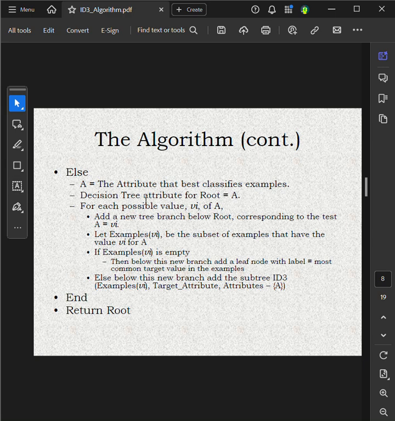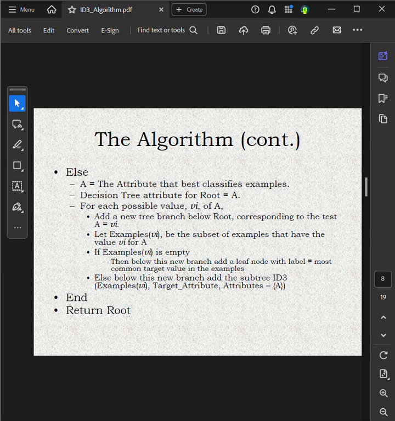Otherwise, we select the attribute that best classifies the examples. This is based on information gain, and this attribute becomes a decision node. For each possible value of this attribute, create a new branch in the tree. Add a new tree branch below the root, and if a subset of data along that branch is empty, assign a leaf node labeled with the most common value.